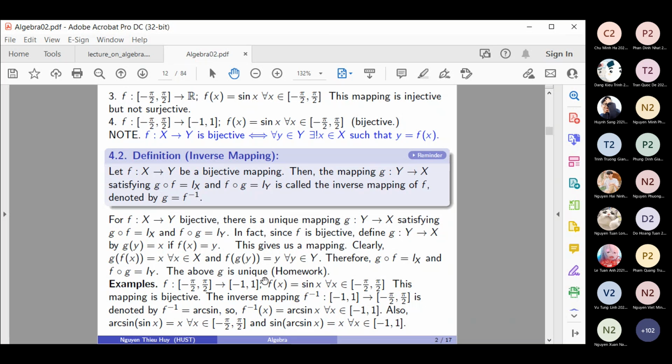If you want to consider the inverse mapping, you have to choose a domain and range which are good enough so that you obtain a bijective mapping, right? And this allows you to construct the inverse. Actually, we already knew this inverse. This is denoted by psi to the minus 1. And here I want to give you some more inverses.